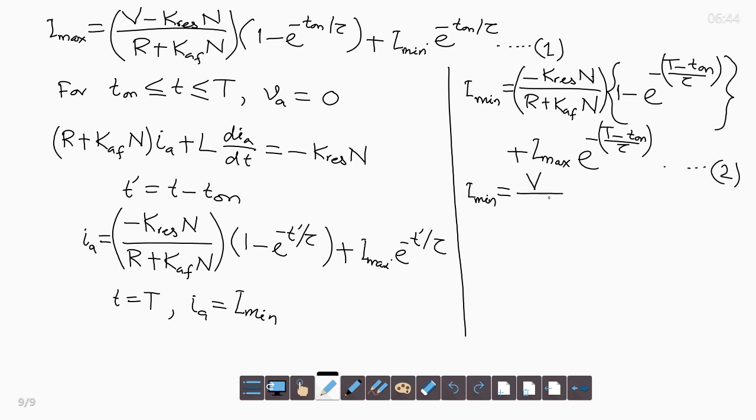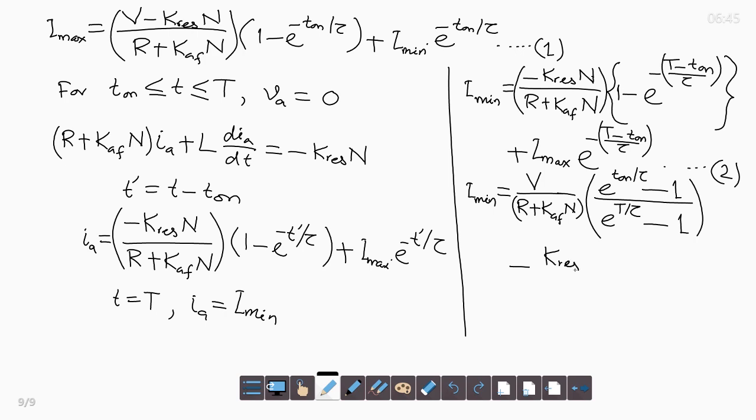So, it is V divided by R plus K A F N, into e to the power t on by tau minus 1 divided by e to the power t by tau minus 1. This is one term; the other term is minus K residual into N divided by R plus K A F N. Let us denote this as equation 3.